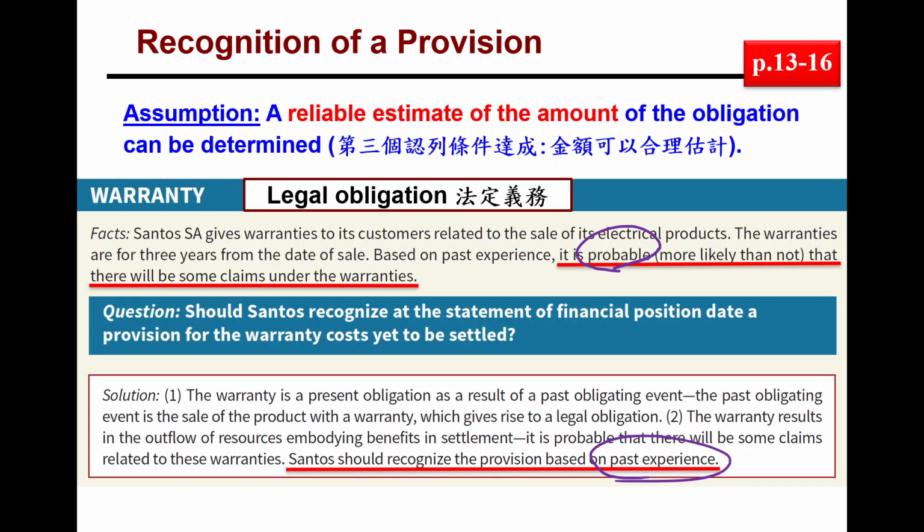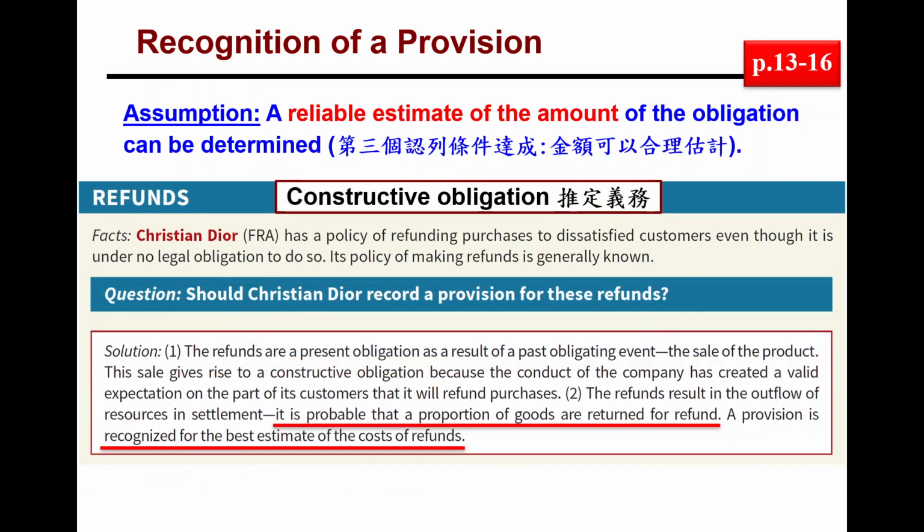Yes, right? Second case here, still, your company will base on past experience to find out whether this kind of thing will happen or not. Here it tells you that based on their experience, it's probable, more than 50%. So what kind of thing will happen? Goods are returned, 退货.